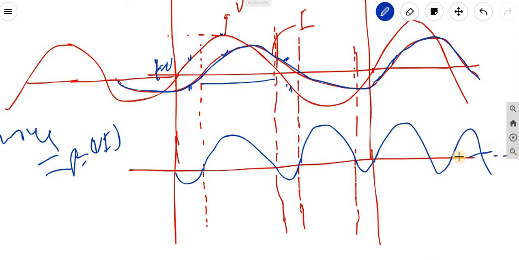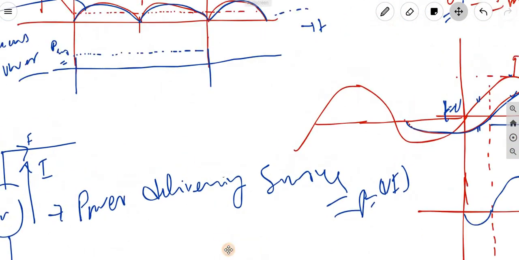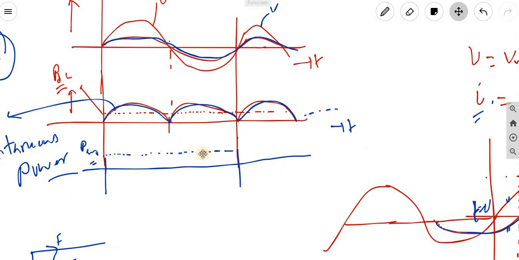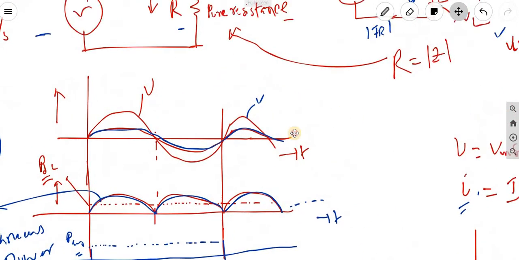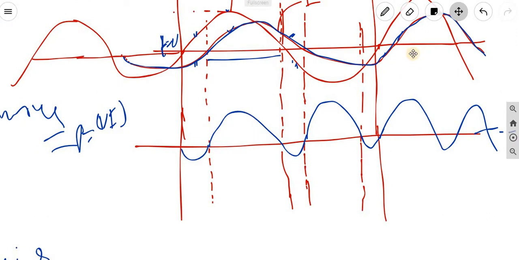Now, if we compare with this, the average power we got for the purely resistive load, but here what will we get?